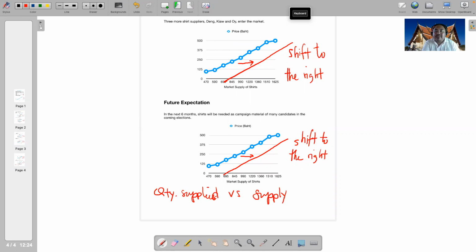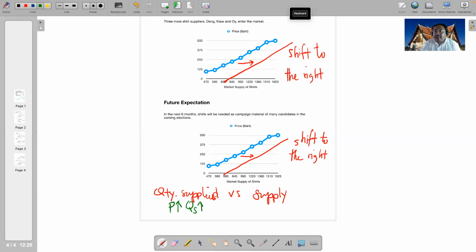Supply is the general availability of shirts in that market at a certain condition. And so movements in quantity supplied means movements directed by prices. When price of a certain good or service increases, the quantity supplied of that good also increases.